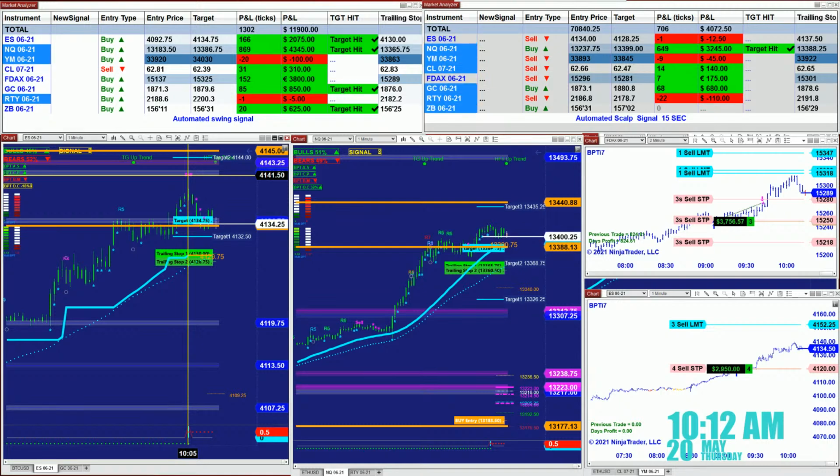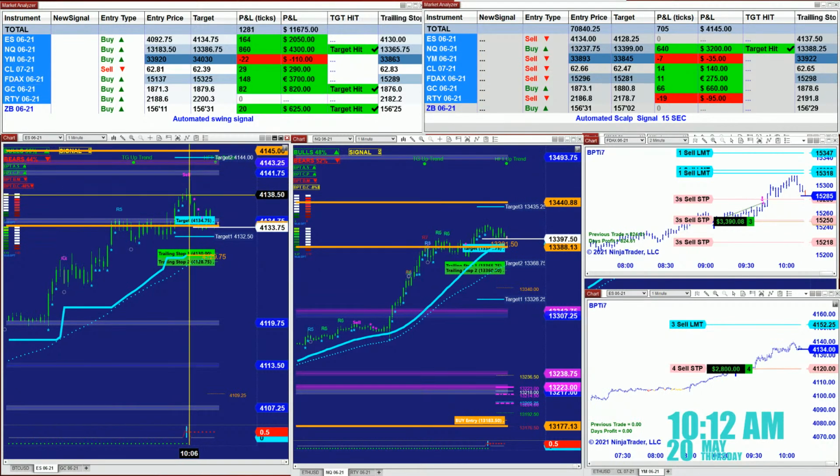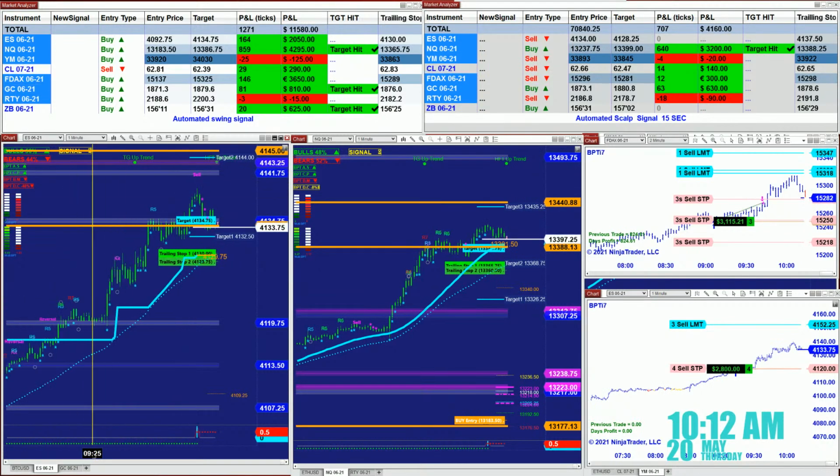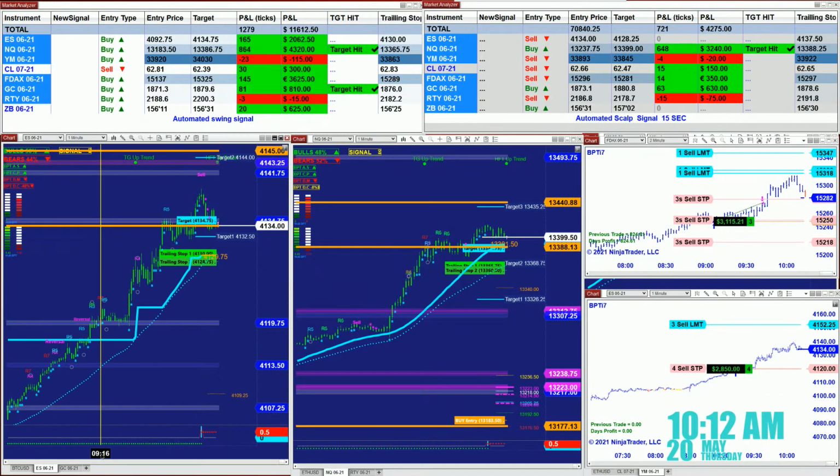It is a beautiful place to reverse the market, and this is a sell position which we made a fully automated trade out of.